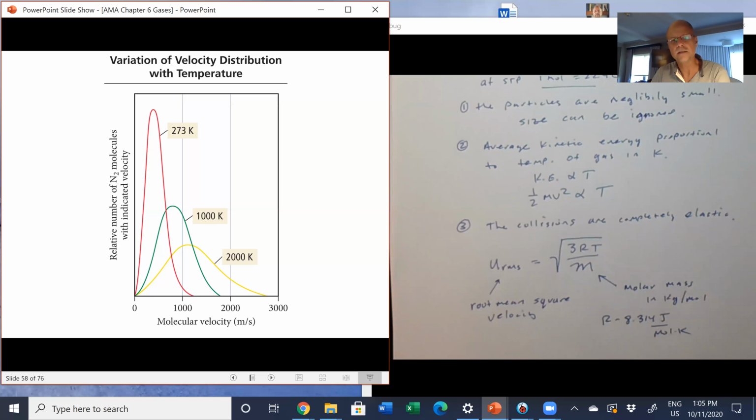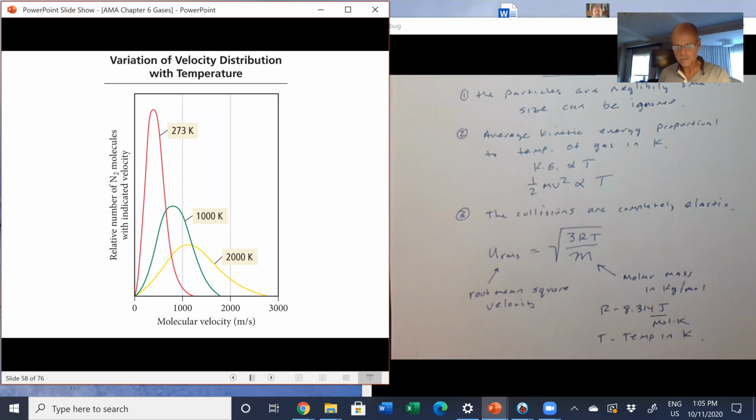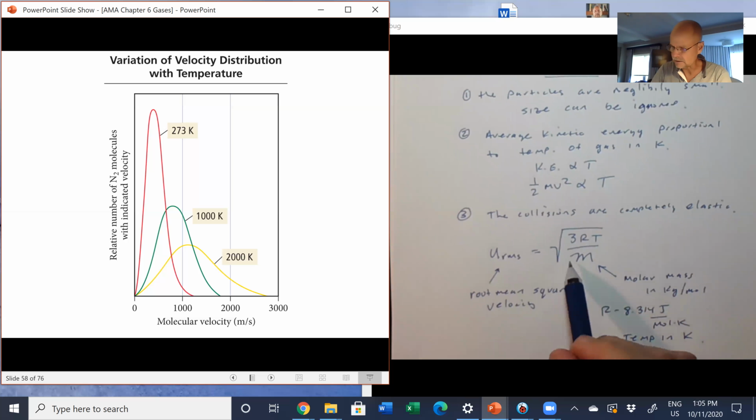You'll have to know when to use which version, okay? Out of all the equations we've seen so far, this is the only one that uses this value of R, all right? And then lastly, T is the temperature in kelvins, okay?